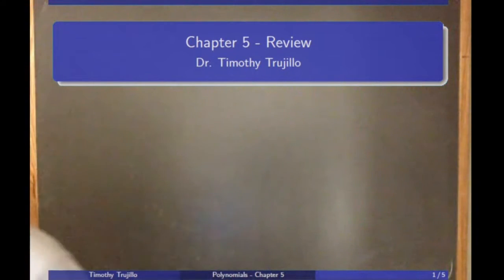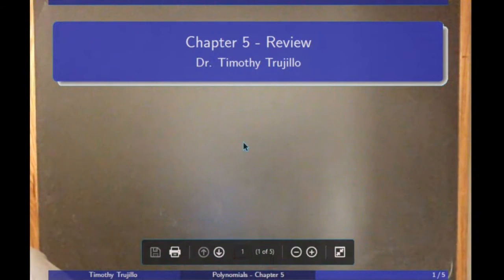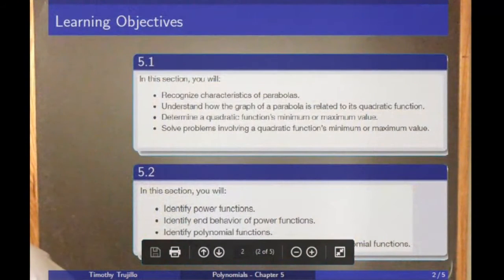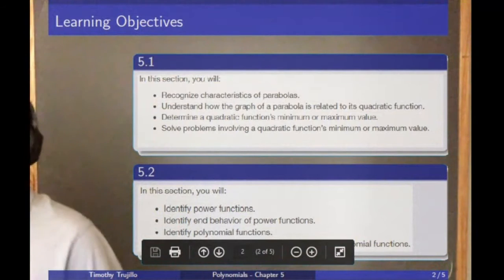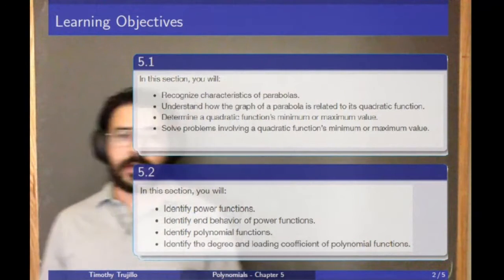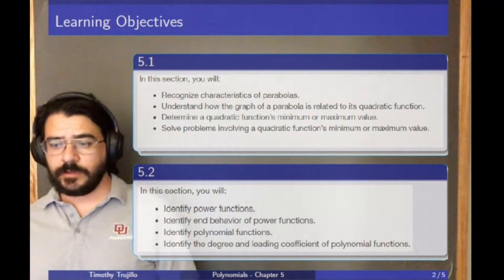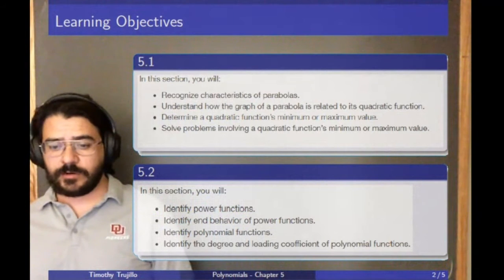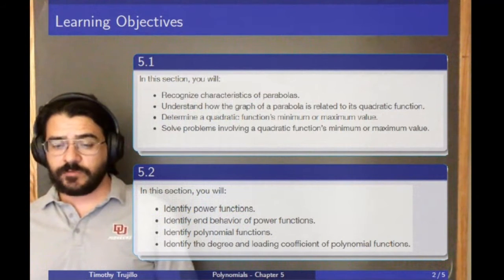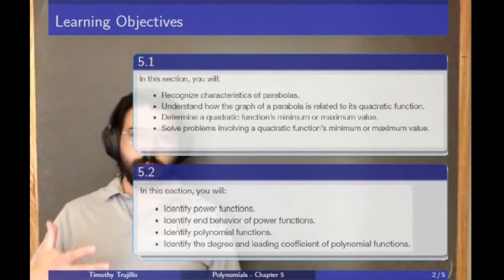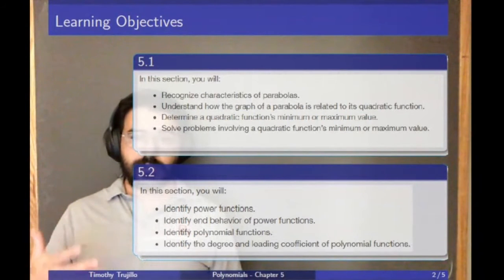Okay, so again, we're here in Chapter 5, and it's all about polynomials. There were 7 main sections throughout this particular chapter, and the first one that we talked about was section 5.1, and that was all about parabolas and quadratics.